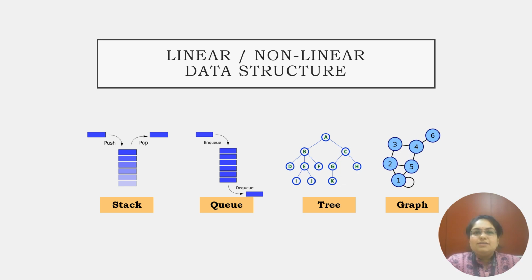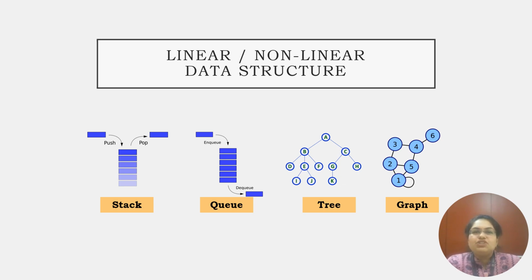So here is the figure for stack, queue, tree and graph. As we have seen briefly, stack is a data structure that follows the principle of LIFO, meaning last in, first out. All the operations in stack are performed from the top of the stack, as we have earlier seen in the example of dishes.